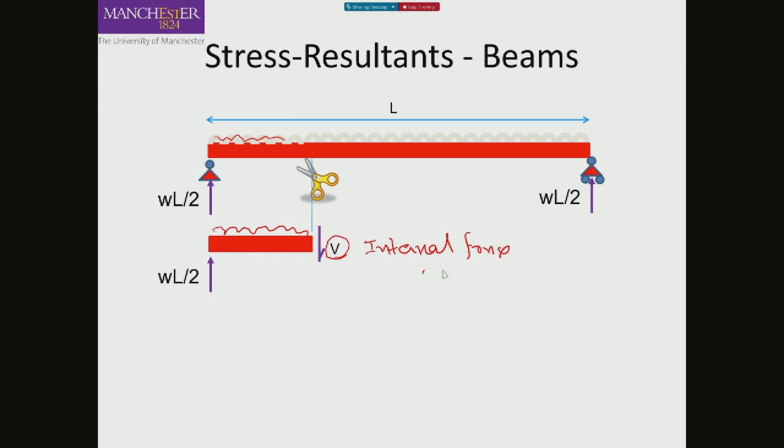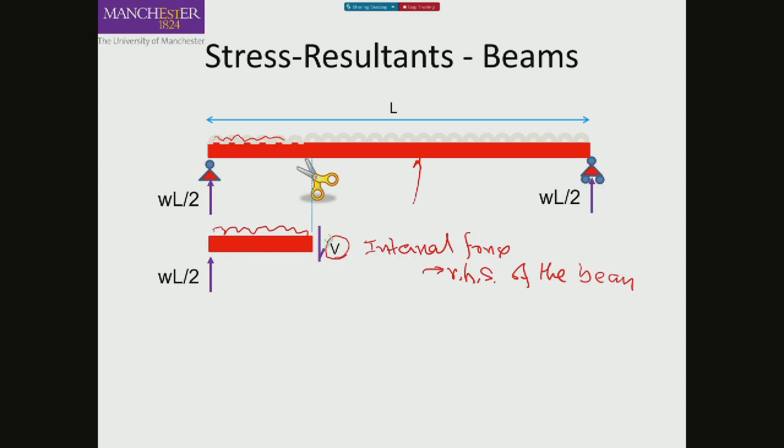It is coming from the right hand side of the beam. So this right hand side of the beam is providing these internal forces to the left hand side, maintaining the vertical equilibrium of the forces.